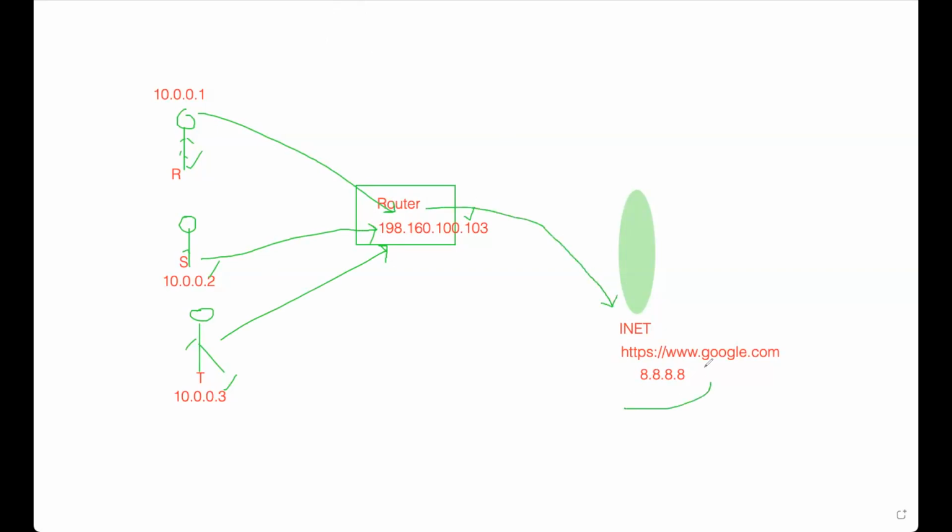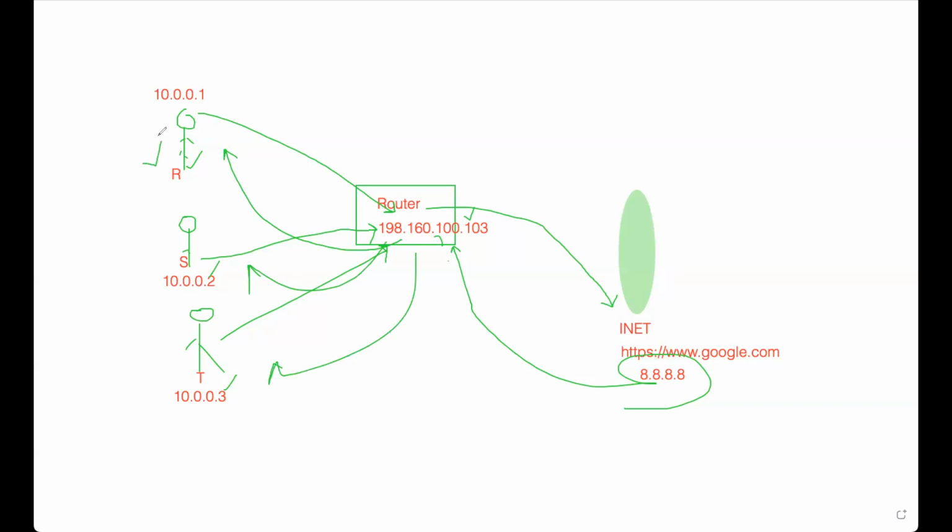But when the return traffic is coming from google.com, it will all point to this IP. Then how does the router know which user to send traffic back to? How does it differentiate the traffic of each user?